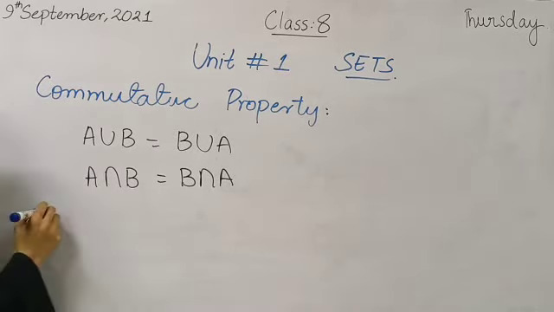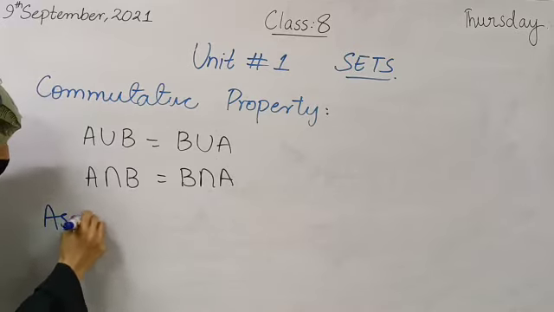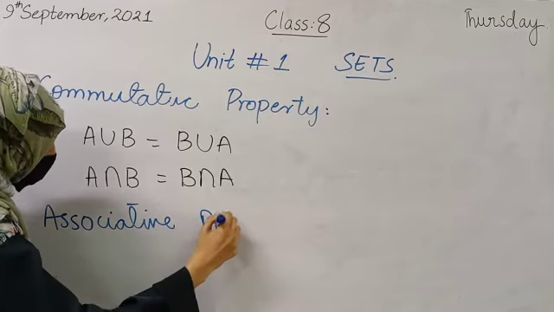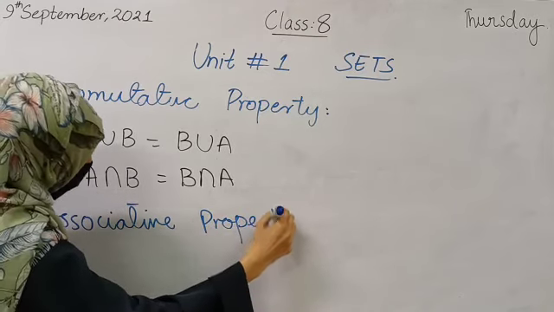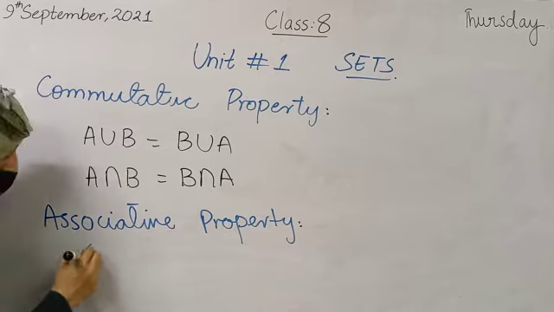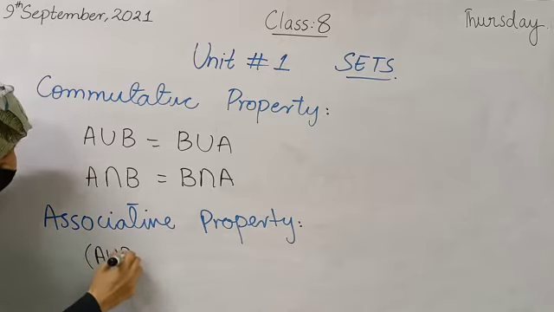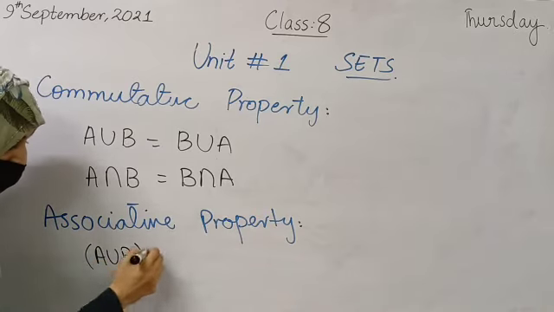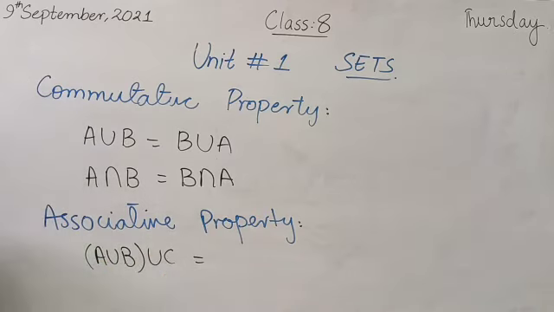Next is associative property. In associative property, we have three sets A, B and C. With respect to union, first of all, take the union of two sets and then take the union with the third set.